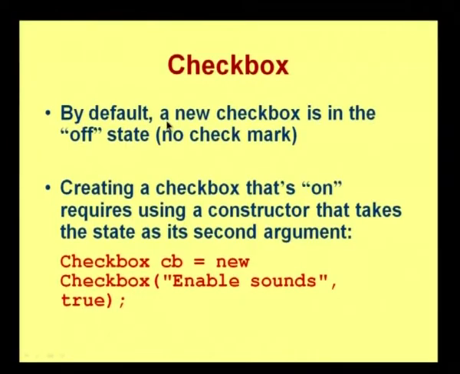By default a new checkbox is in the off state. Off state means that we have not enabled it, or we don't have the tick mark on that particular checkbox. Creating a checkbox that is on requires using a constructor that takes the state as its second argument. Already I have told you that whenever we create a checkbox, we give a label name as the parameter.